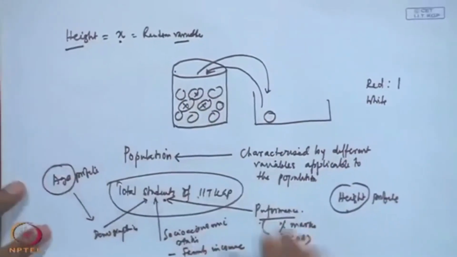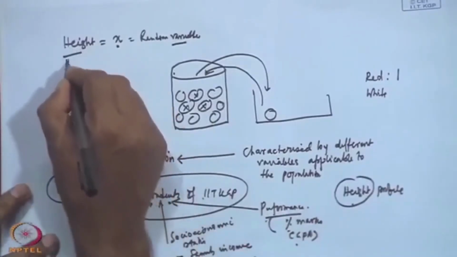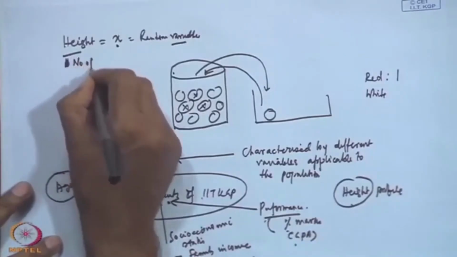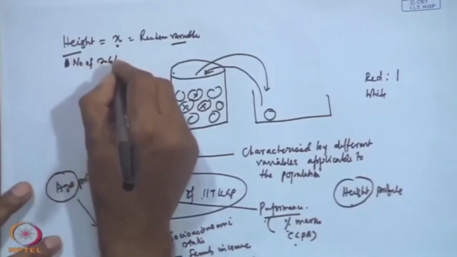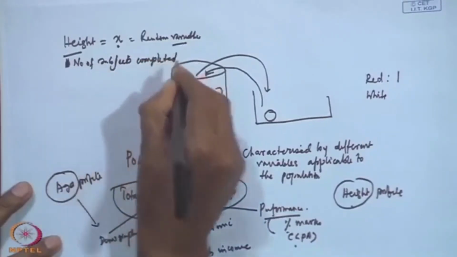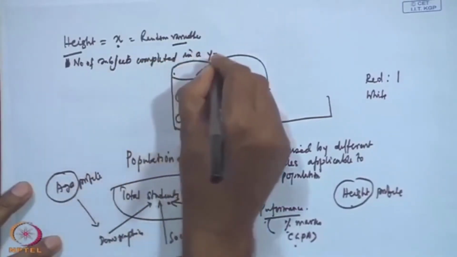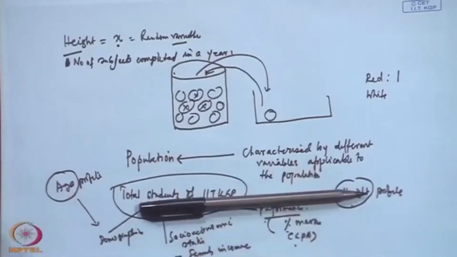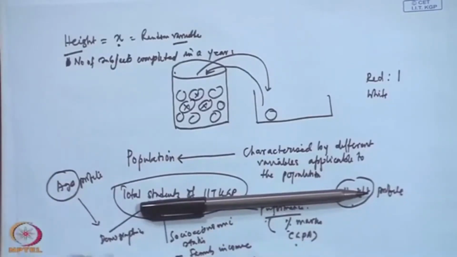or you may be interested to characterize the students in terms of the number of subjects completed in a year. You will find that there are many backlog cases, many students could not complete.